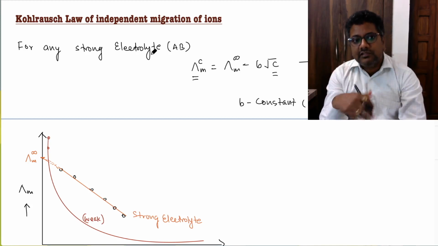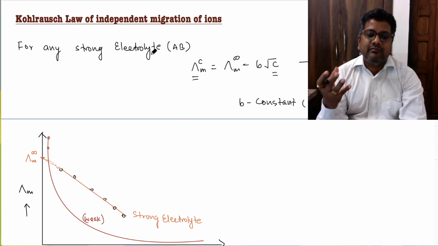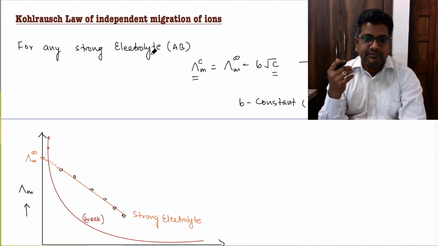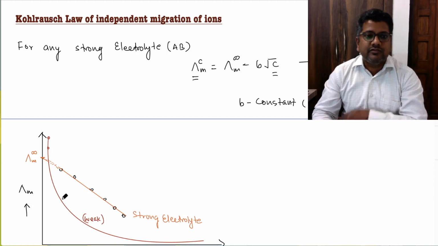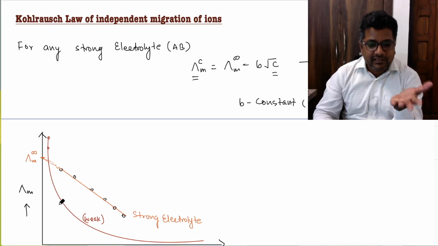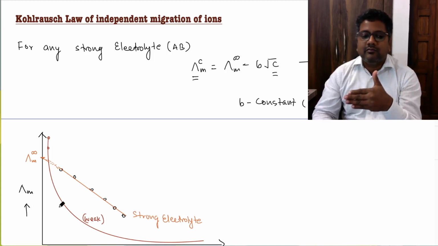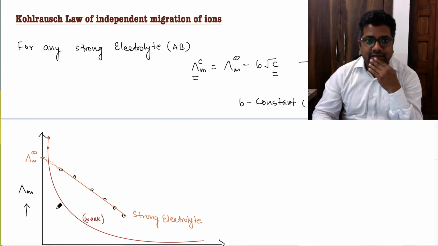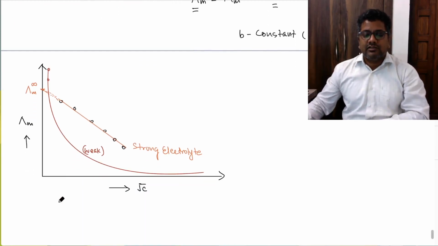By using that data, we can calculate the lambda m infinite for a weak electrolyte, and any in-between value we can determine experimentally. So we can very easily determine alpha for weak electrolytes. This is the method used to determine alpha and the equilibrium constant for weak electrolytes. Understood? Clear. Okay.